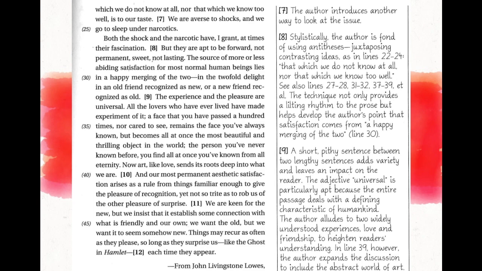The experience and the pleasure are universal. So that's a short, pithy sentence between two lengthy sentences. Again, it's adding variety, leaving an impact on the reader, letting them have an in-between the two longer sentences. The adjective universal is particularly apt because the entire passage deals with a defining characteristic of humankind.